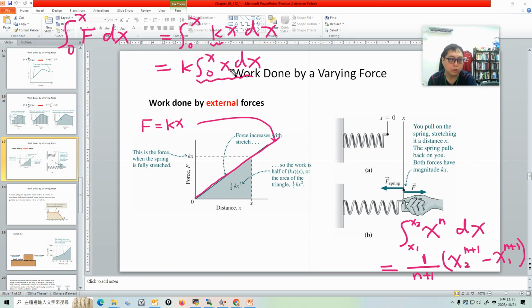For this integration, x is to the power 1. This x means x to the power 1, so it means n equals 1. We just leave this constant.